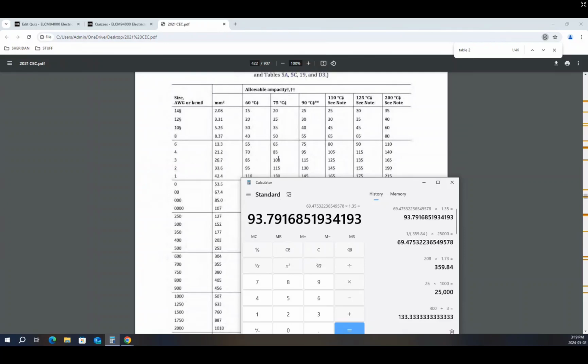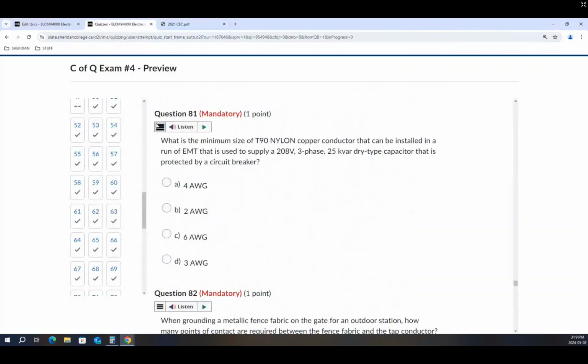So I've got 93, so I want number 3 off the 75-degree column. Minimum size to be installed.